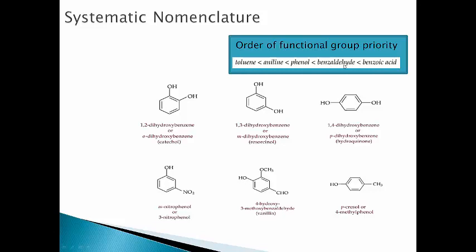So aldehyde and phenol, so it'd be benzaldehyde. And we would go 1, 2, 3, 4. So it'd be 4-hydroxy-3-methoxybenzaldehyde. This one here, we have a phenol and a toluene, so the higher priority is the phenol. So it'd be para-methylphenol.